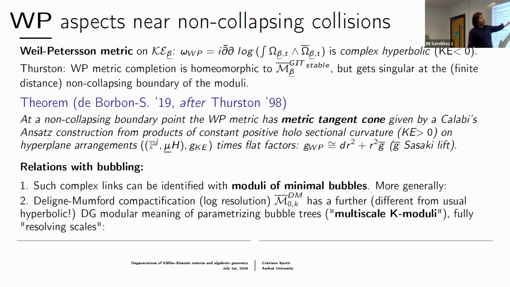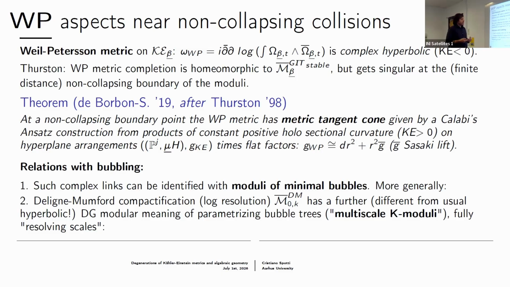And so one has this complex hyperbolic metric that is actually singular at the boundary we attach in this compactification. But one can understand some aspect of this metric by computing the metric tangent cone of this Weil-Petersson metric at the boundary. So you start rescaling the metric and see a higher dimensional cone that turns out to be some flat cone, but it has a singularity along several divisors emanating.